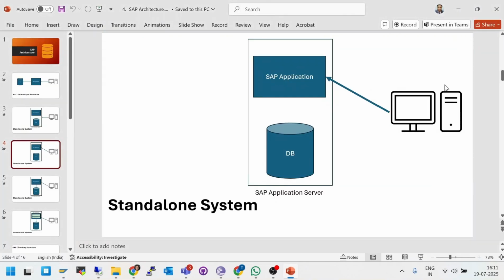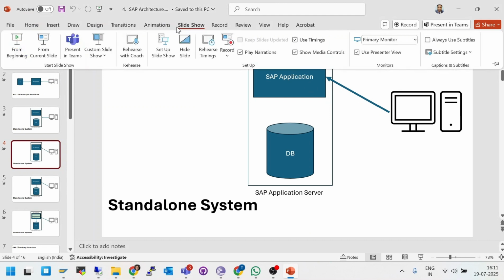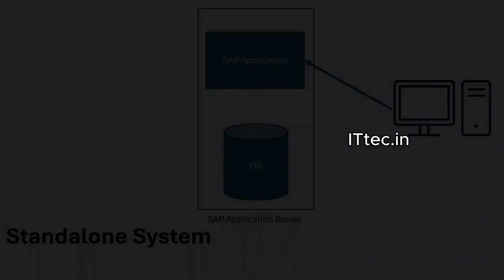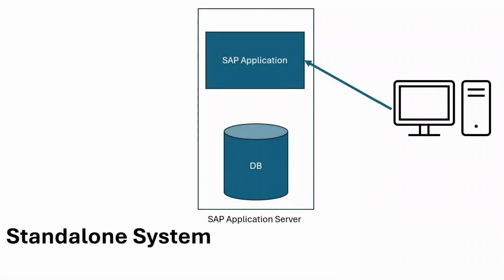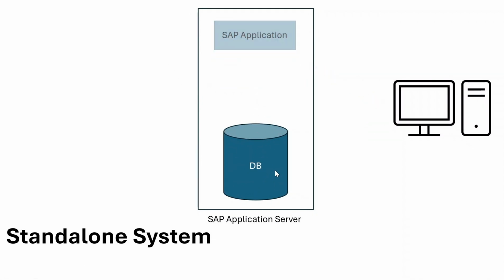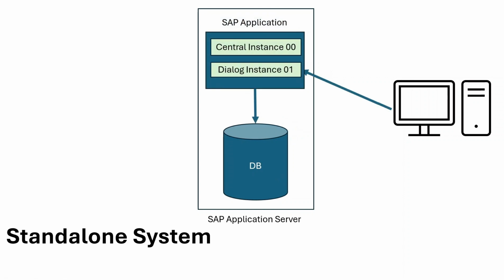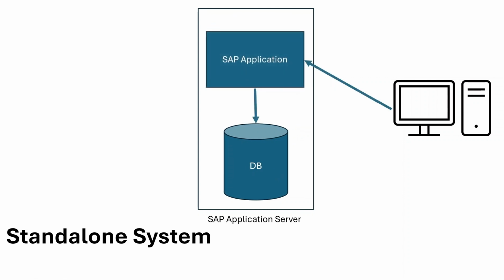So this is my desktop. A request went into the SAP application, and the SAP application reached the DB and then responded back to me. All those things happen in a single server, SAP application and DB. So this is called a standalone system.